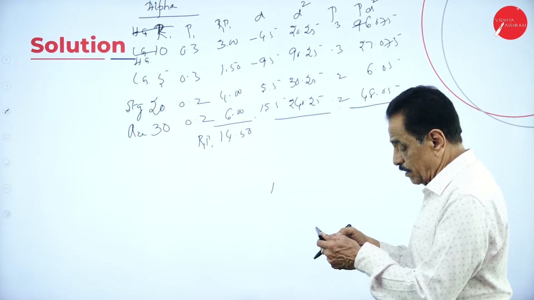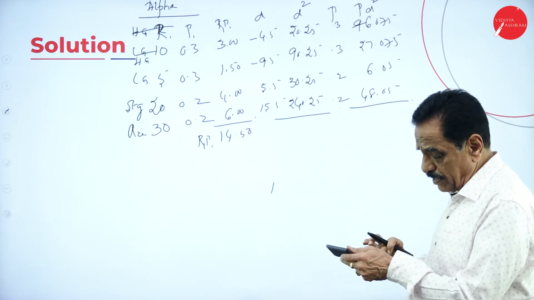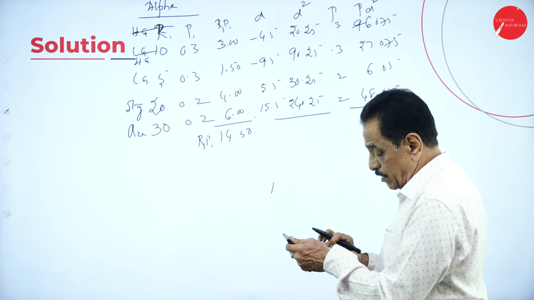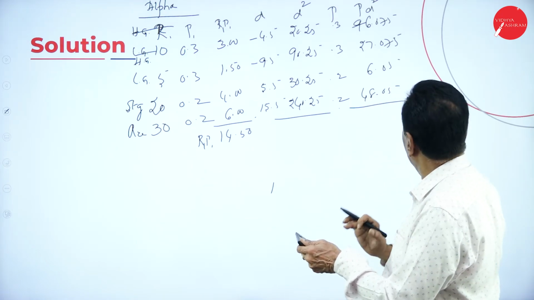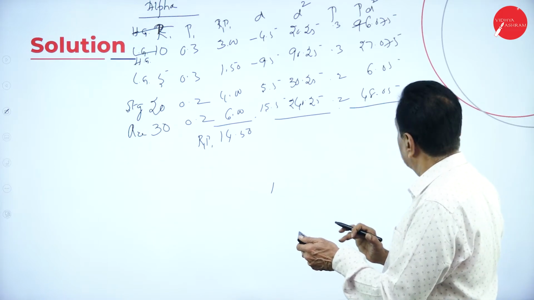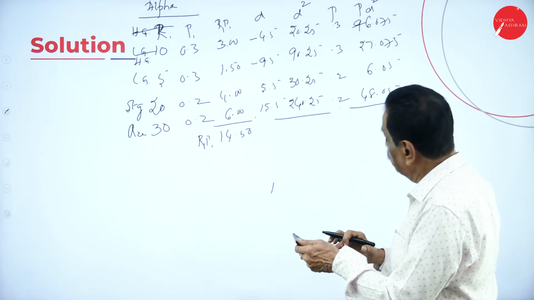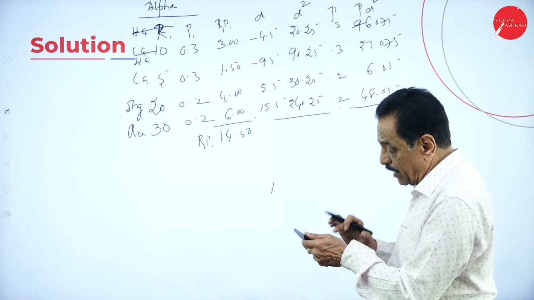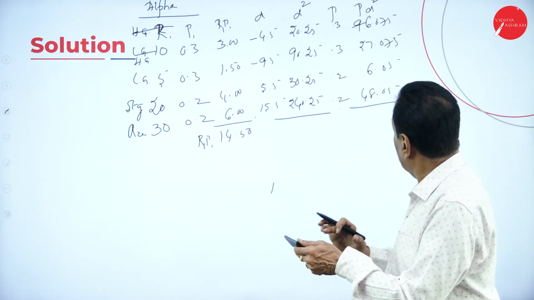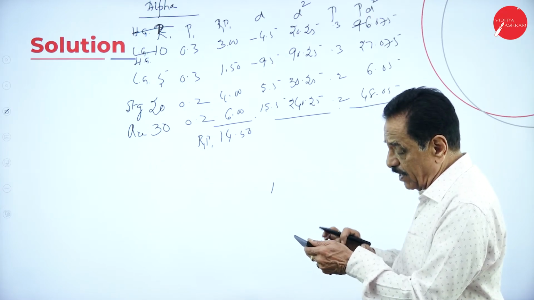Add the figure. 6.075 plus 27.075 plus 6.05 plus 48.05.